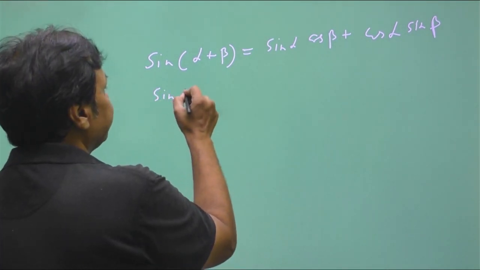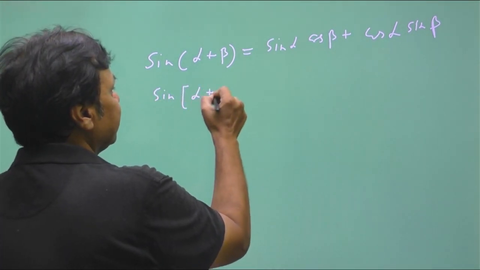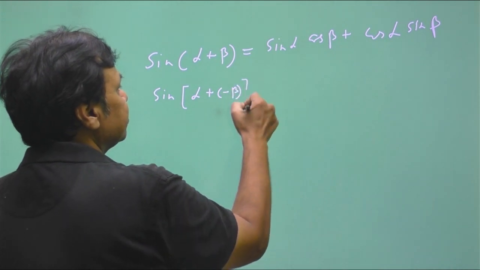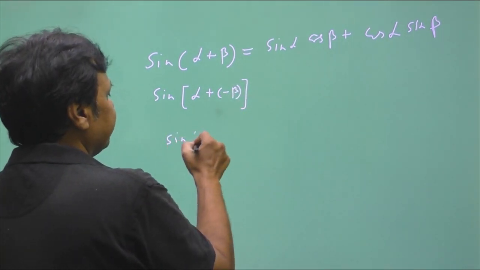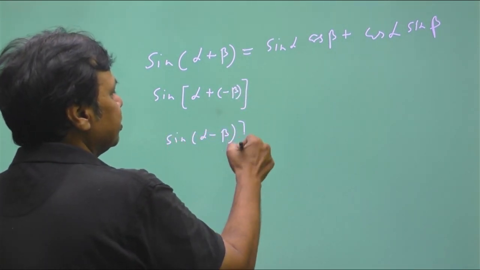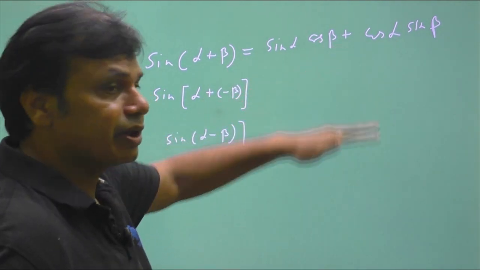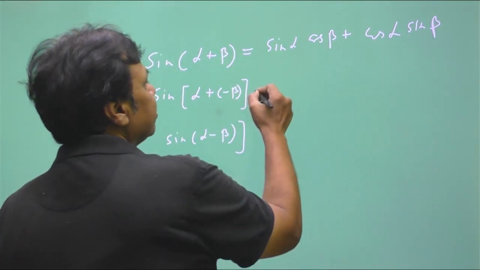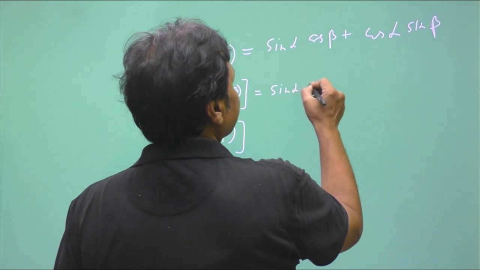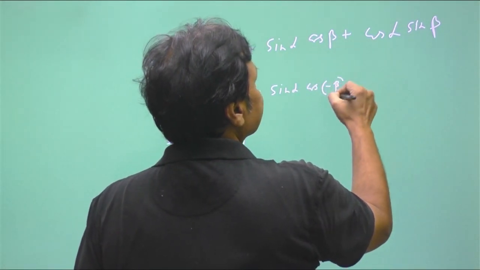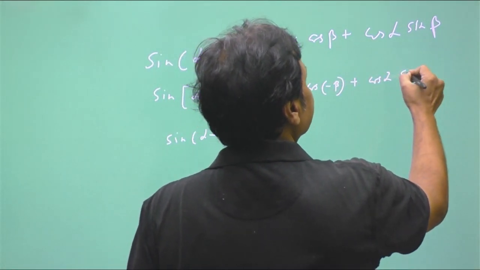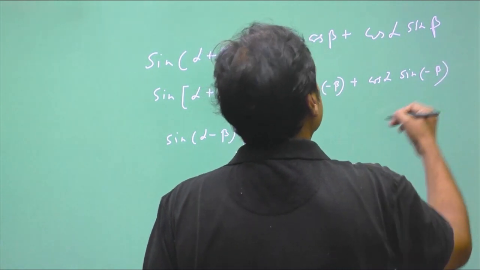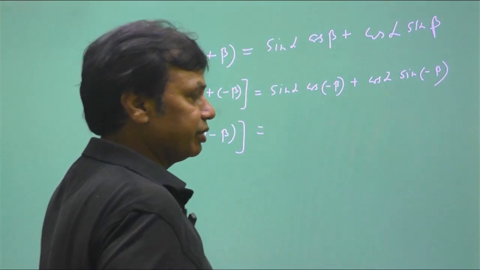You can write it as sin alpha plus minus beta, so replace every beta by minus beta. Sin alpha cos minus beta, cos alpha sin minus beta, and you have your result.